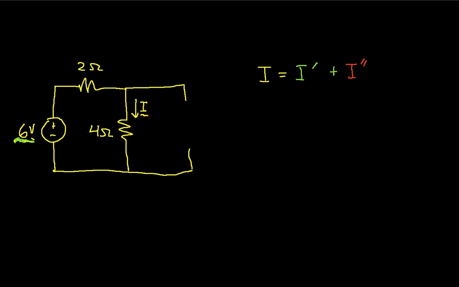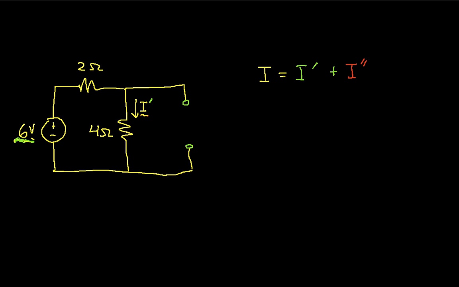An open circuit is something where no current flows from here to here, no matter how high the voltage across that is. In other words, I set the current source to 0. Now, with our remaining 6-volt source, we'll solve for the current I prime.